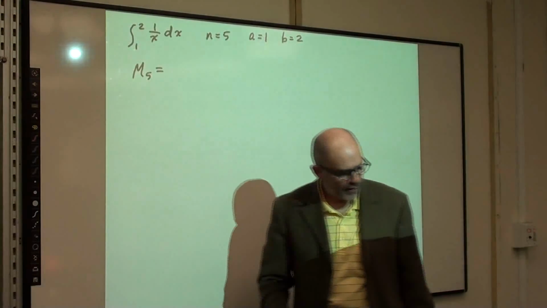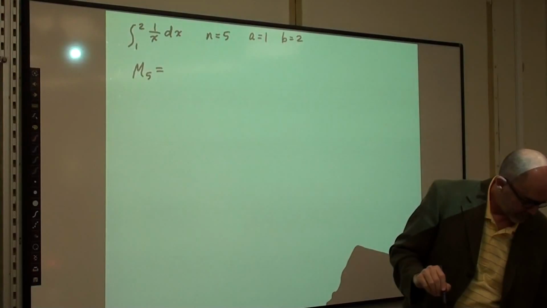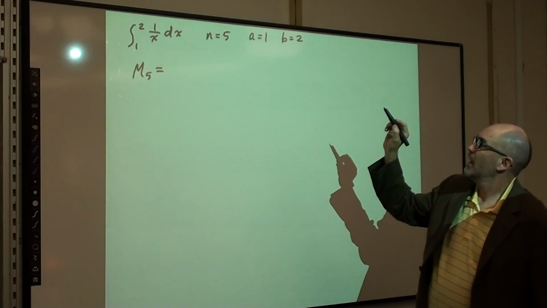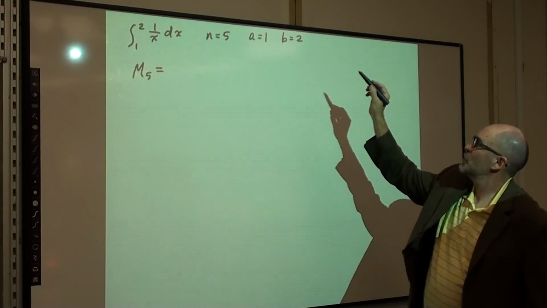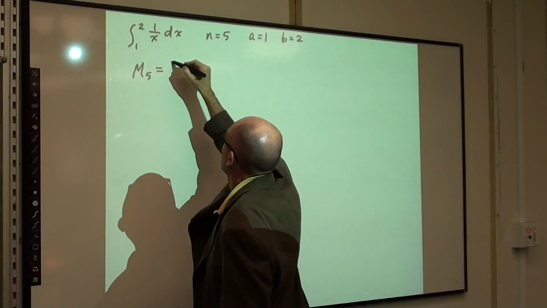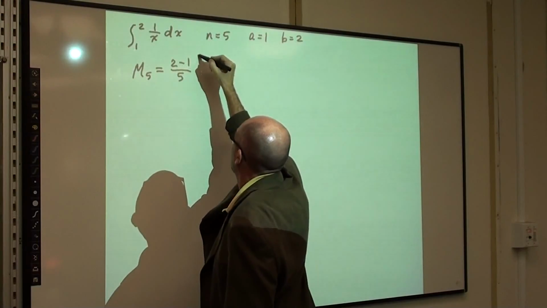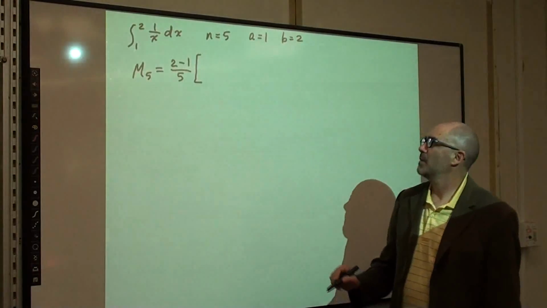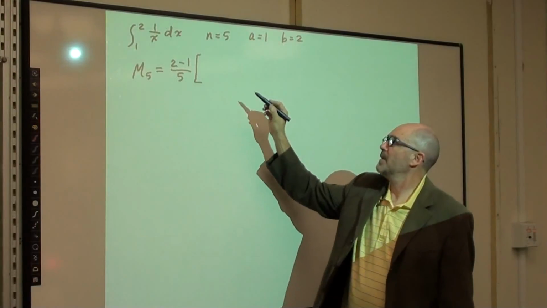So the midpoint with 5 is going to be the b minus a over n. So 2 minus 1 over 5. So there's our delta x times, now we need the midpoint.